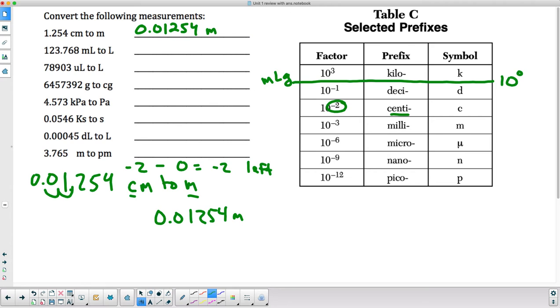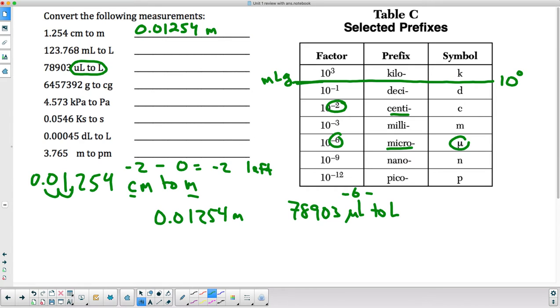Next one, let's do one that's a little bit unusual. How about we do this one where it goes from microliters to liters. So that's 78903, microliters to liters. Micro is right here. It looks like that symbol there, and that's a -6. So -6 minus liters.